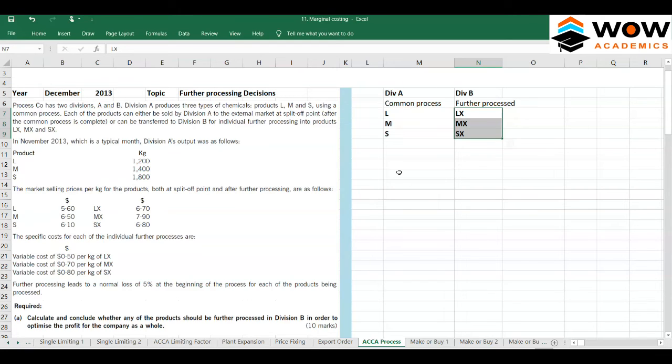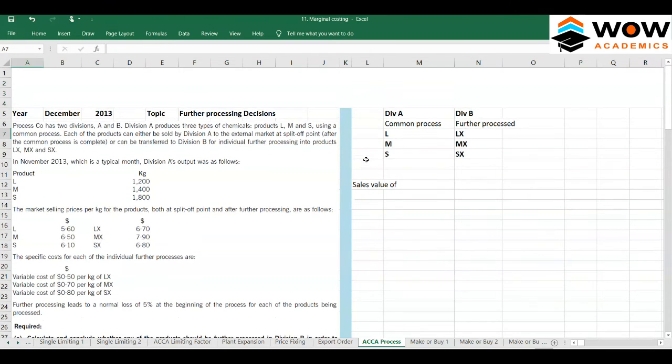So first we'll find out the sales value of LMS.